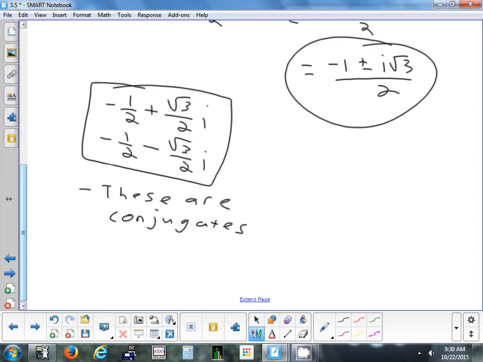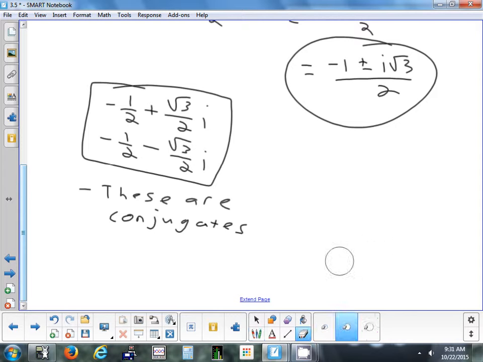So if I had a problem and I told you 2 plus i was one of the answers, when you use the quadratic formula, what do you automatically know another answer is? 2 minus i. Complex answers always occur in conjugate pairs. Always.